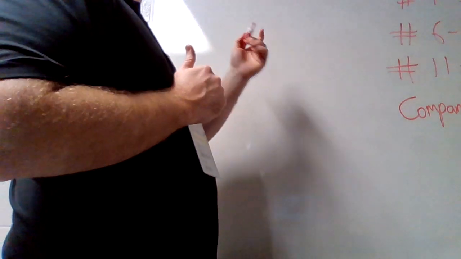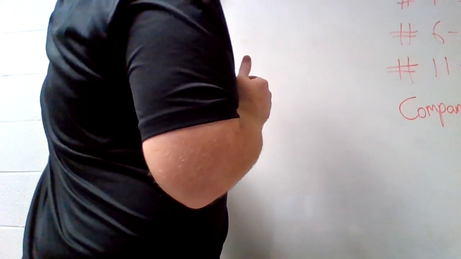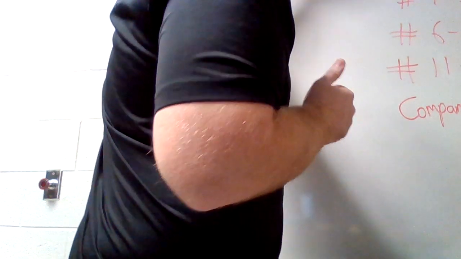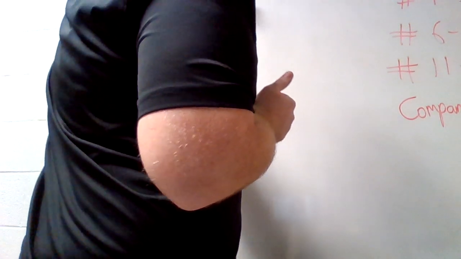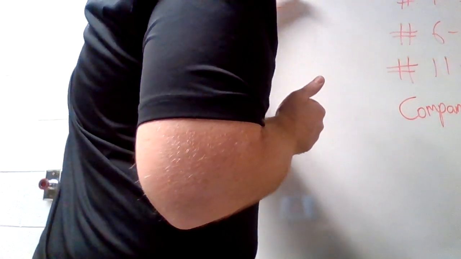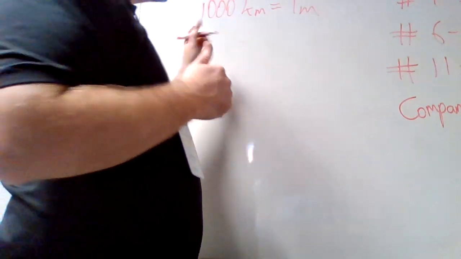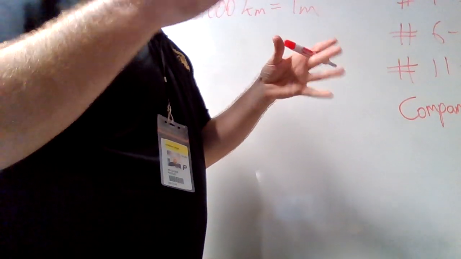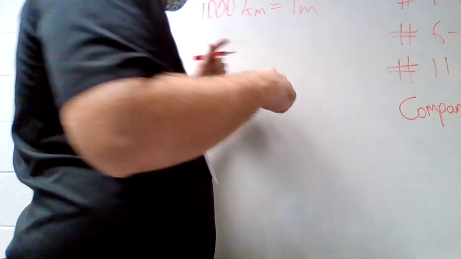You have 100 centimeters equals 1 meter. And then 1,000 meters is equal to 1 kilometer. You're going to measure in kilometers and then go to centimeters, because we're looking for a rate in centimeters per year.